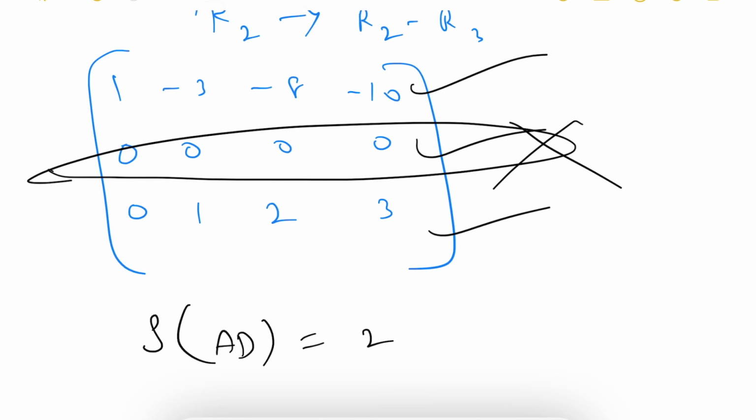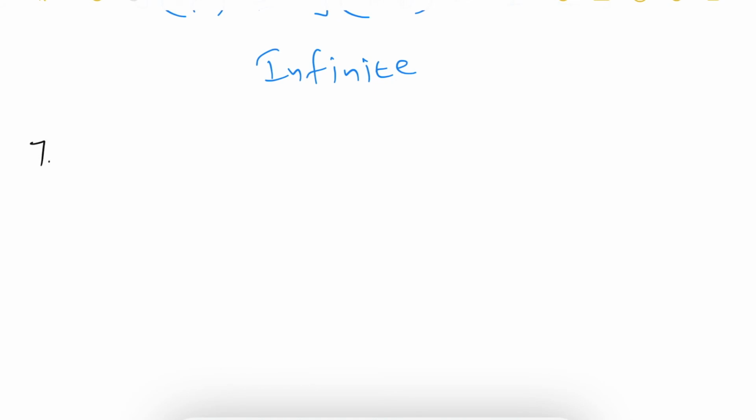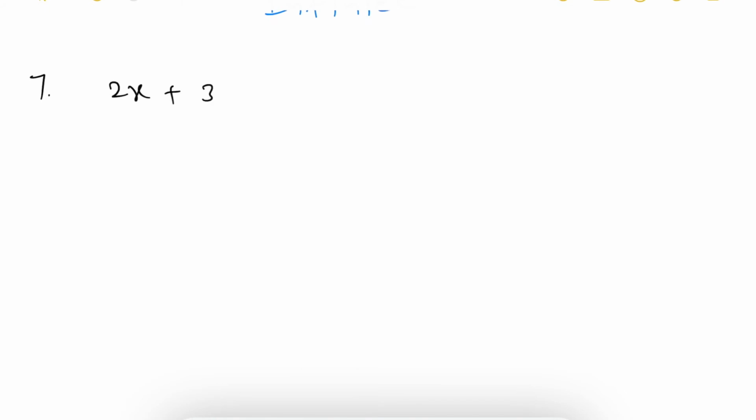Okay, then let's move to the question number 7. The question is 2x plus 3y plus z is equals to 9, x plus 2y plus 3z is equals to 6.